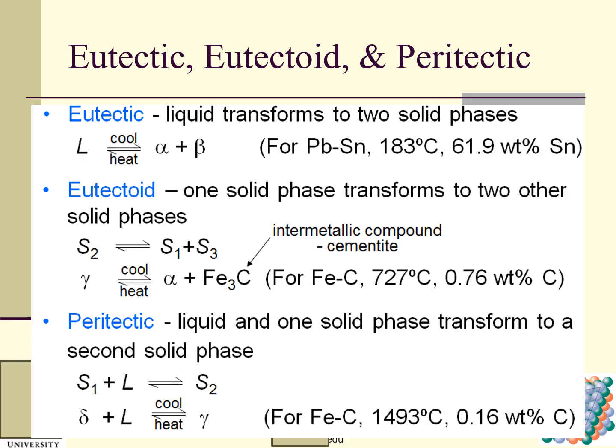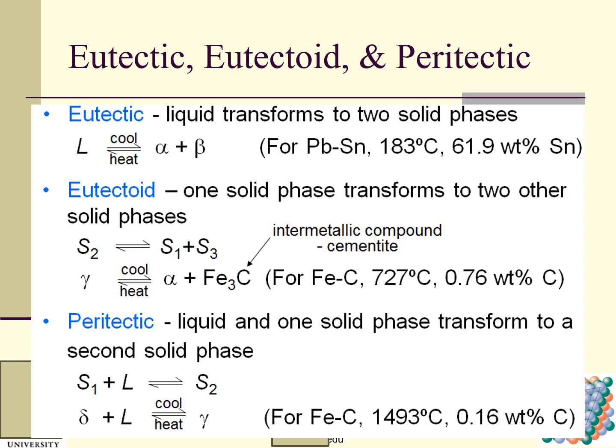One example is gamma iron. When we cool it, we can get alpha iron plus a compound. It is an intermetallic compound, cementite. If we heat these two, we can get gamma.